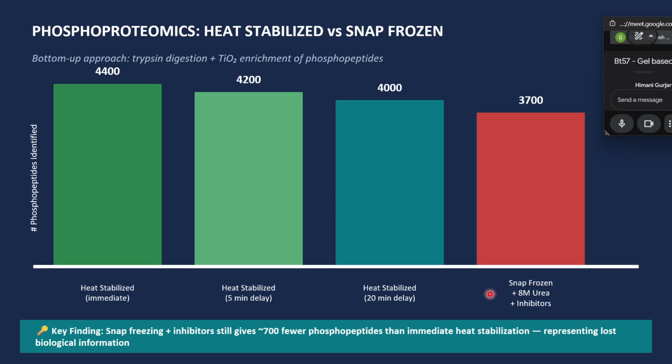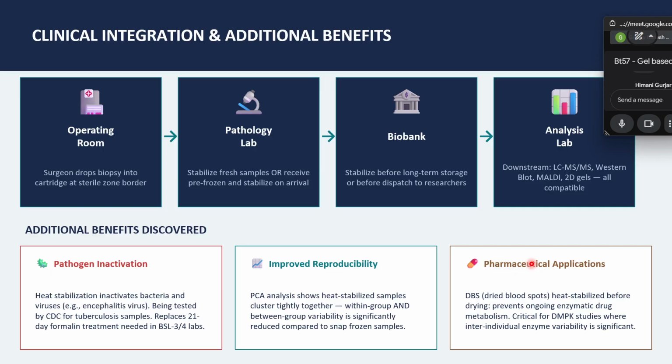Generally people take out the sample, add all of these and snap freeze it, and the number of phosphopeptides found were much lesser compared to heat stabilized ones. So if you do it as soon as possible and heat stabilize it, you will end up getting more accurate proteins compared to the snap frozen one.